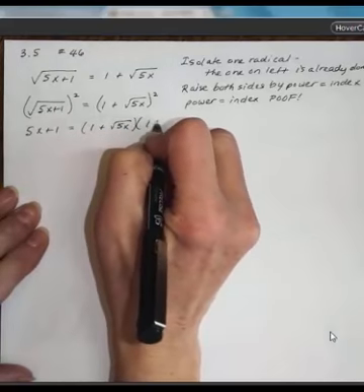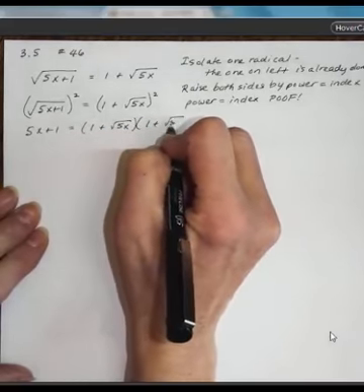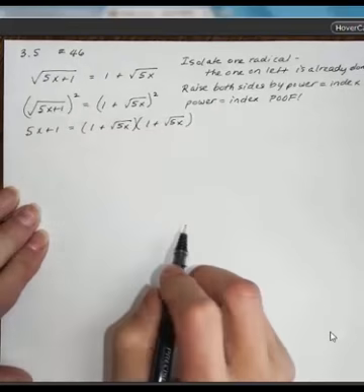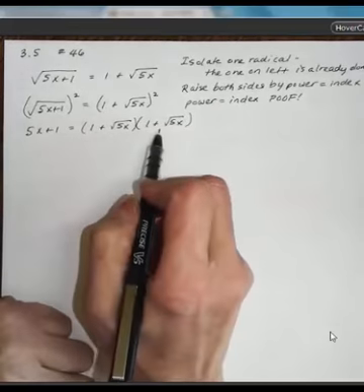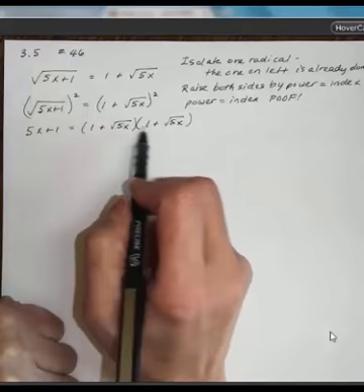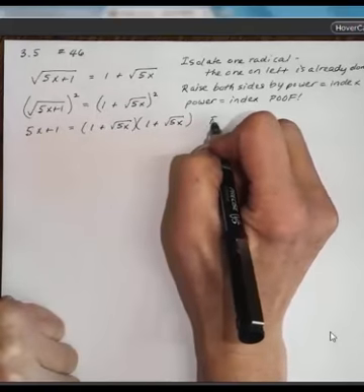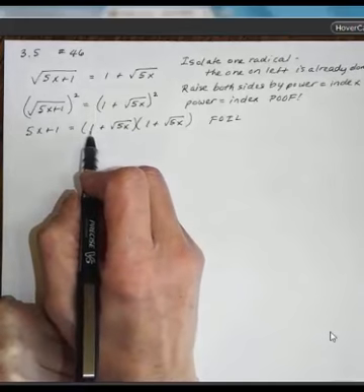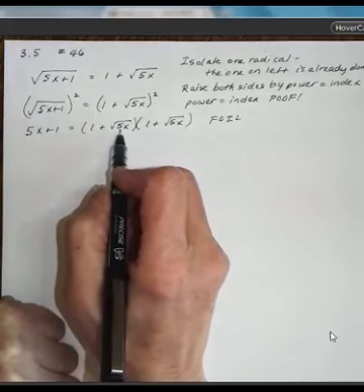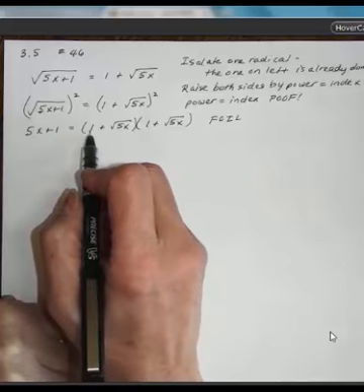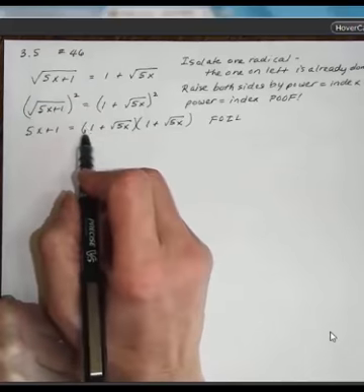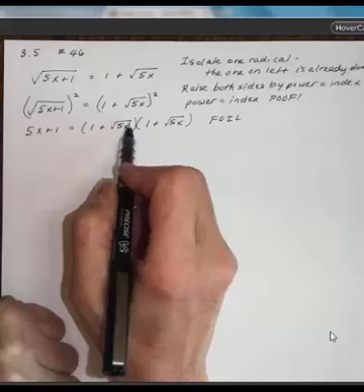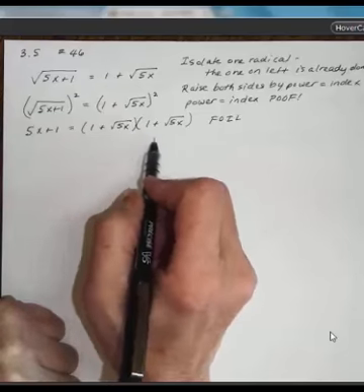On the right side, I'm going to write this out as a squared binomial, and to do that, I'm going to write out each factor of my squared binomial. Why am I doing this? To make sure that when I multiply, I FOIL correctly. So this is the first term of my binomial. This is the second term. I'm going to be multiplying first terms together, outer terms together, inner terms together, last terms together.